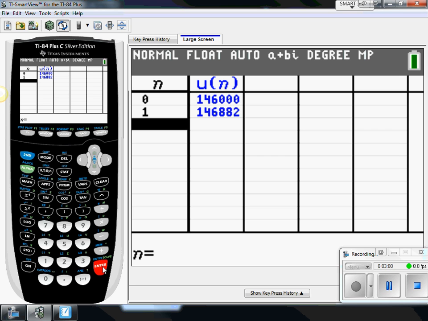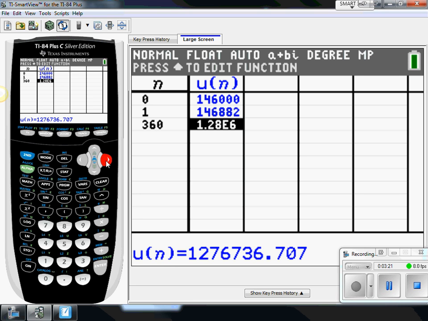But what we really want to do is see what happens after 30 years, and that's going to be 360 months. Now, this might take a minute or so. The calculator is figuring out how much money would be on the balance after 30 years, which is 360 months. And if you go and put your cursor right over top of that number, you could see that the balance on the loan is $1,276,000.